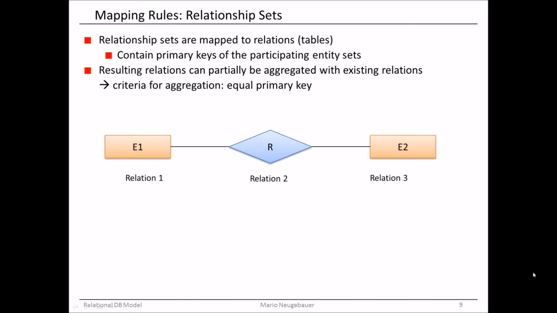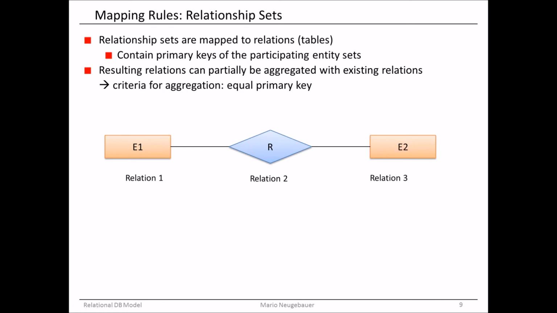Now that we know how an entity set is mapped onto a relational database model, we just transfer it to a table. We also have to take care of the mapping of the relationship into our relational database model. So we might have entity sets on both sides. Mapping entity sets is easy. And now the relationship type comes in, like here the R, which somehow connects entity set 1 with entity set 2.